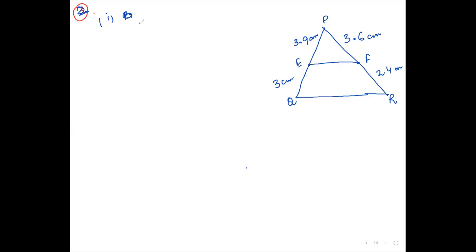And here we will check if the sides are in proportion, then by the converse of the theorem, the line will be parallel.